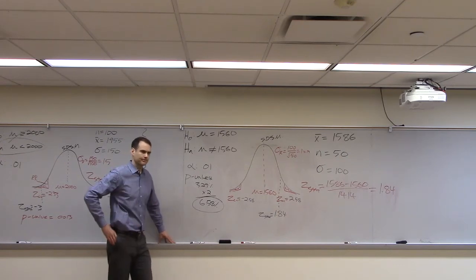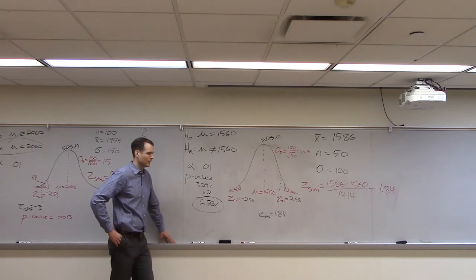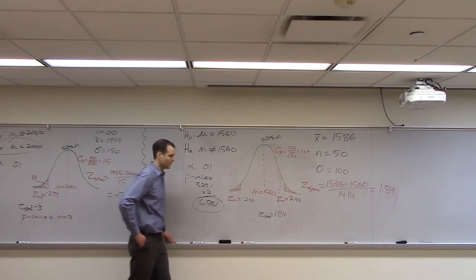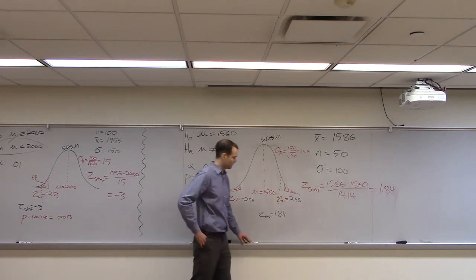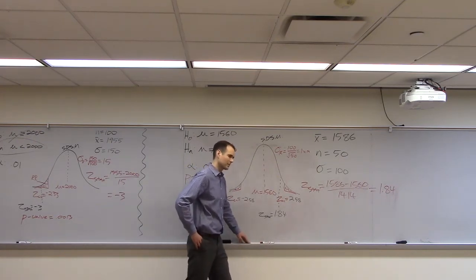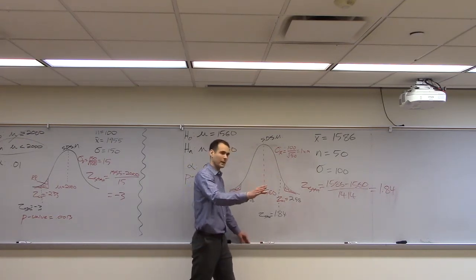Can't we just do the mirror image of the 1.84 over there, and that's still 3.29, and 3.29 together is 6.58? Yeah, you could. I'm not sure how that helps us.